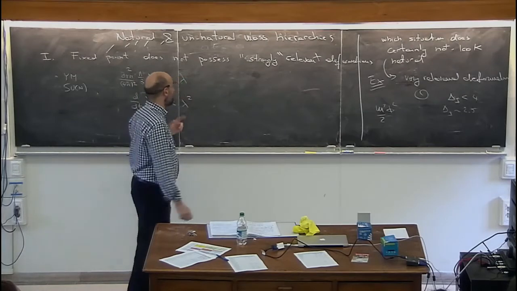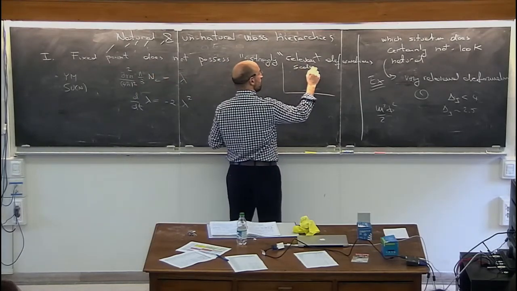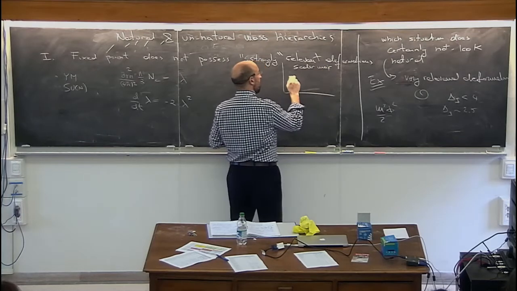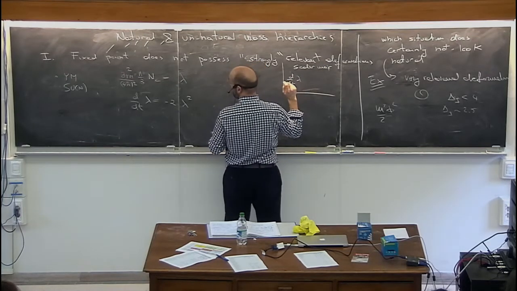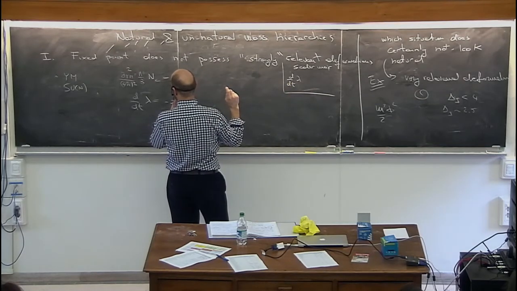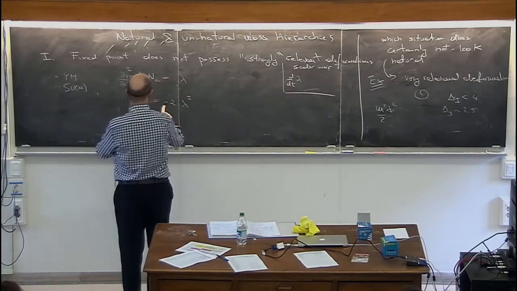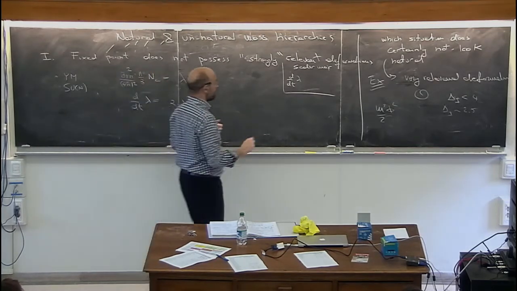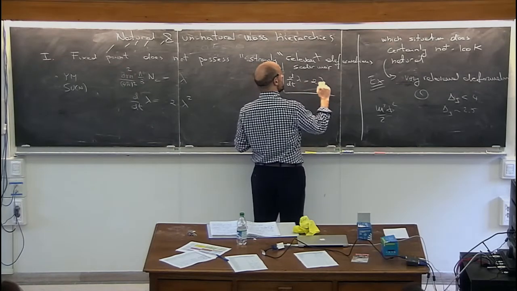So remember before, for the scalar mass, d/dt of... no, it's 2. d/dt is negative, so t is negative. So this was twice lambda.